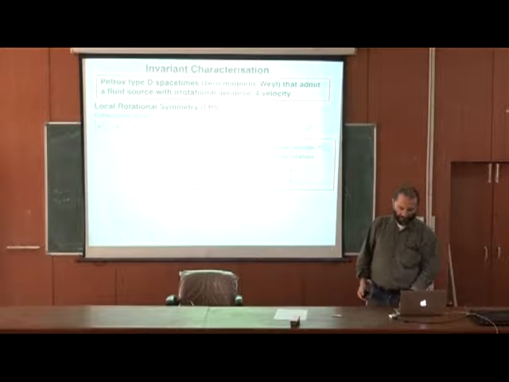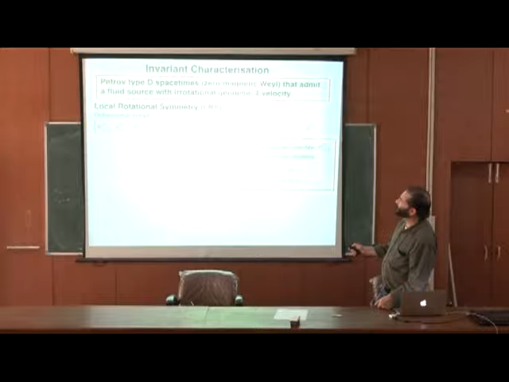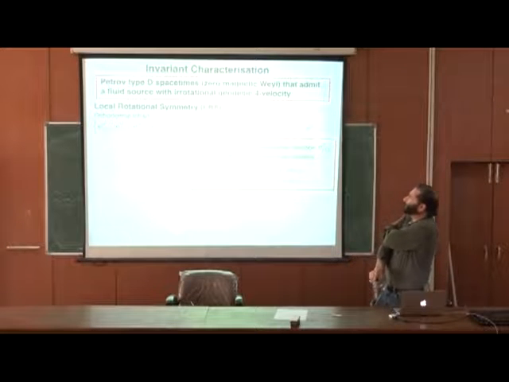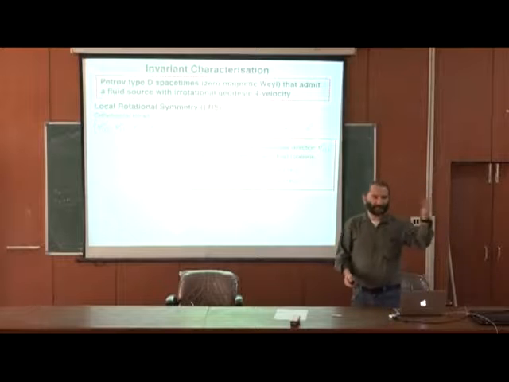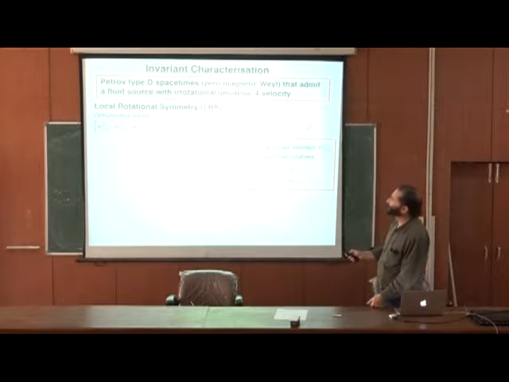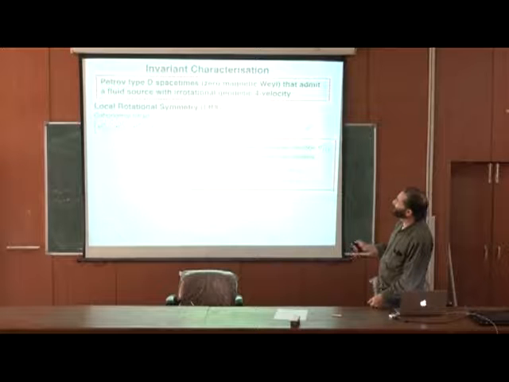Now, there is the local rotational symmetry, which means that models of this type are more general than the ones I've been discussing. We take a normal tetrad so that the metric can be expressed in this form, where this is a Minkowski metric, and we take the zero vector of the tetrad to be the 4-velocity.